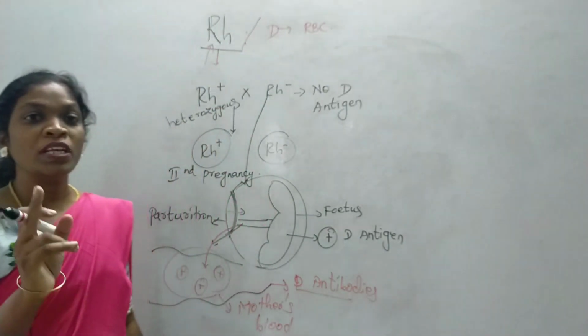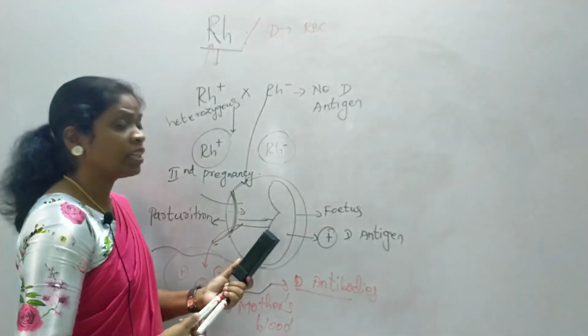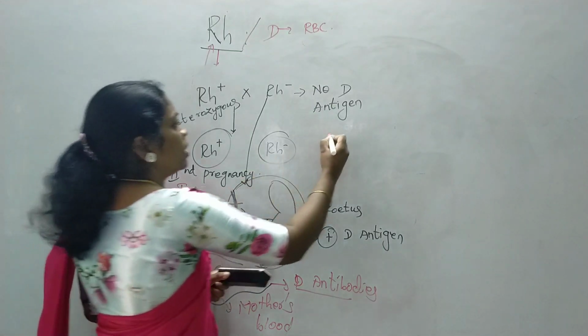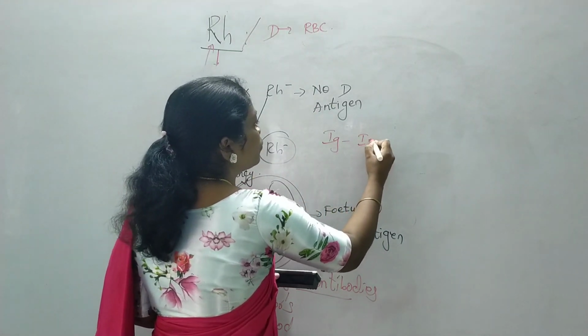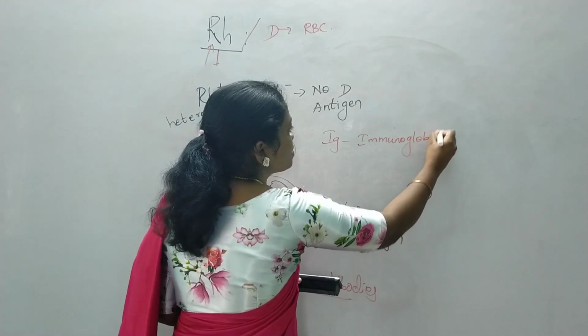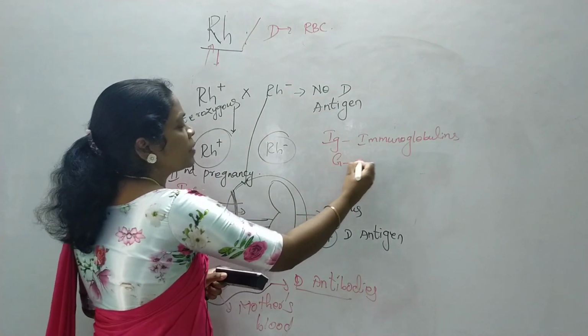What happens here? During the second time, the IgG antibodies are nothing but, Ig represents immunoglobulins. They are immunogenic substances or secretions which will fight against microorganisms. This G represents gamma.